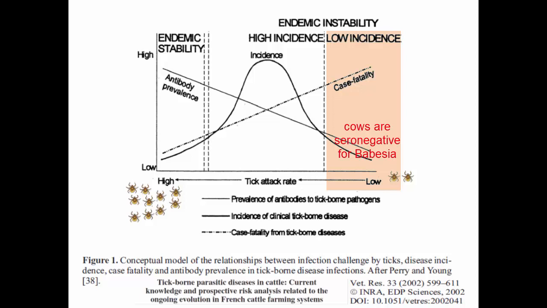So basically, there is no endemic stability, and the aim should be to eradicate down to the last tick that you may find on any ranch. And because we want to eradicate ticks, this is really the only situation where I would break the rule of applying targeted selective treatment.